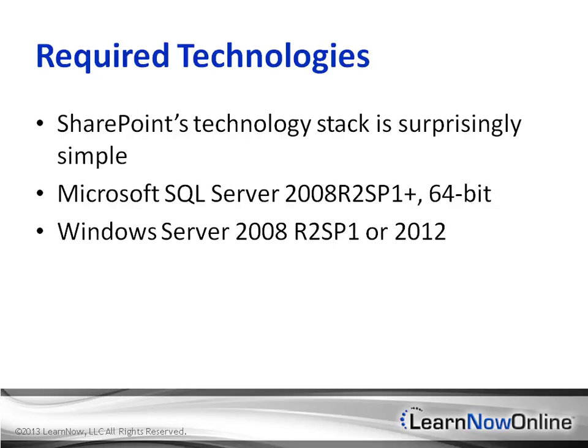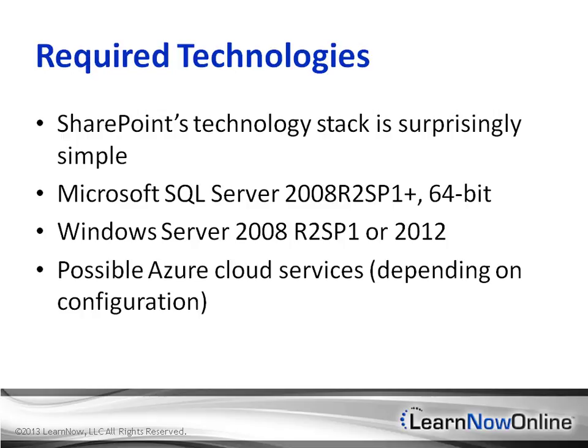Windows Server 2008 R2 SP1 or 2012. Currently, 2012 R2 is not supported. We expect that to change fairly quickly, so keep an eye on the Microsoft site. And possibly Azure Cloud Services, depending upon your configuration.